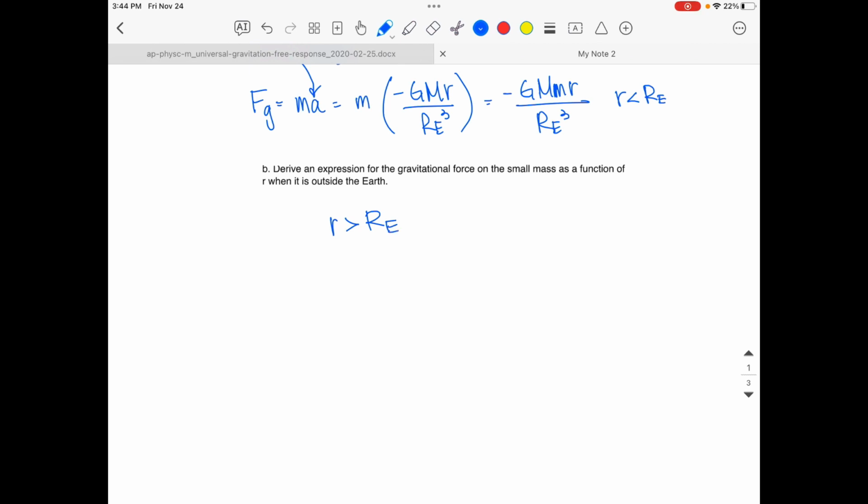I want you to go to the universal gravitation lesson, slide number 15, and they have the full proof for that in there, which you have in your physics equation sheet anyway. Force of gravity when r is greater than R is equal to negative G M little m over r squared.